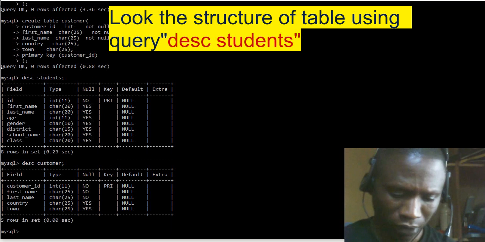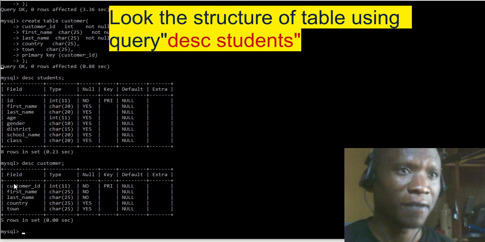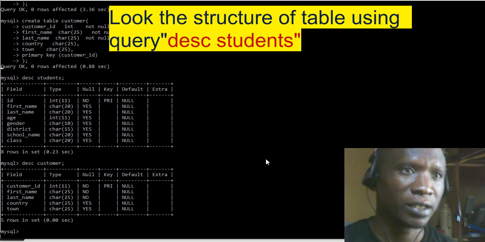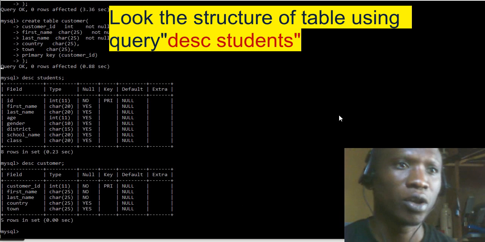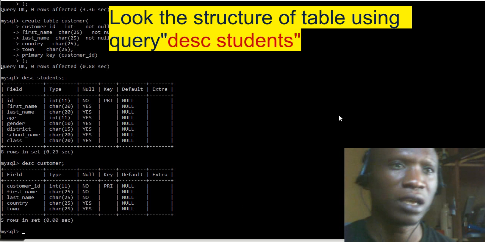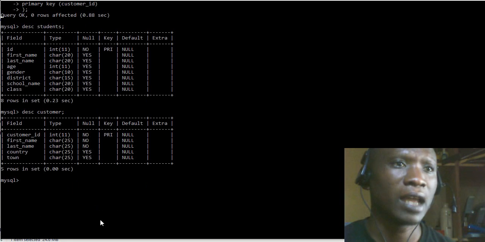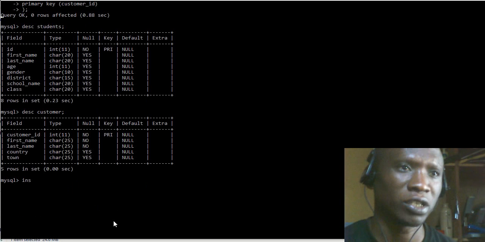Also, you see that you have different fields: customer ID, first name, last name, country, town, and so on. All these tables will look like this. It means that when we are creating the records inside the tables, we find they have the good structure as we wish. If it is not good, we need to revise our table structure.